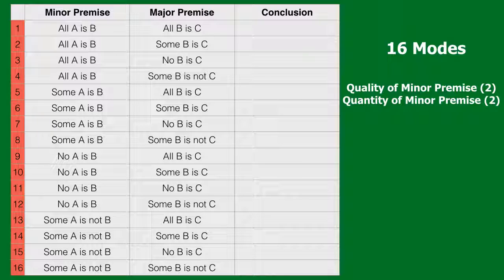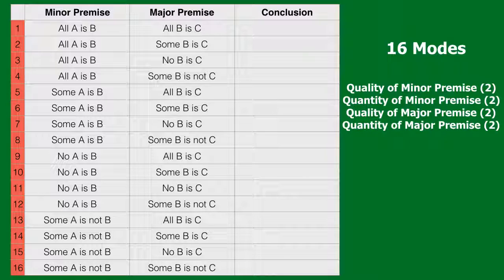So that's 2 times 2, 4 possibilities. For each of these 4 possibilities, the major premise could be affirmative or negative. That's 4 times 2, 8. And for each of these 8 possibilities, the quantity of the major premise could be universal or particular quantification. That makes 16 different modes. Every figure has 16 different modes.